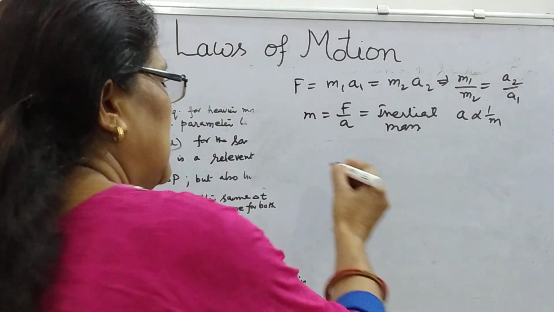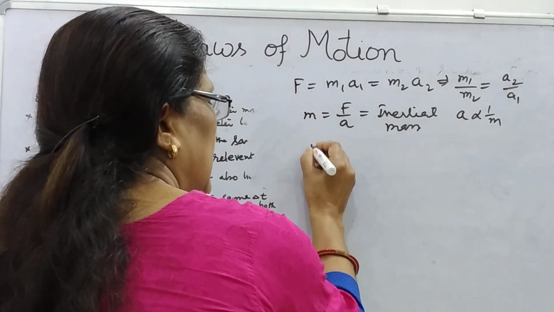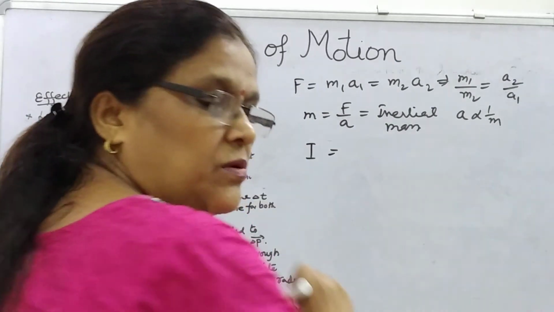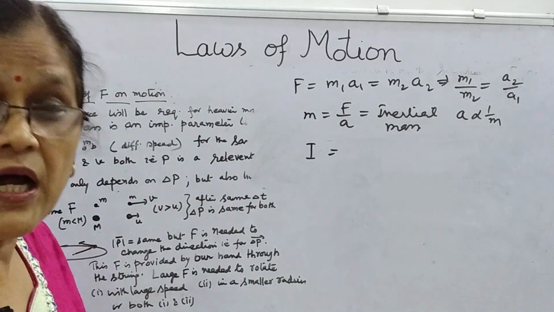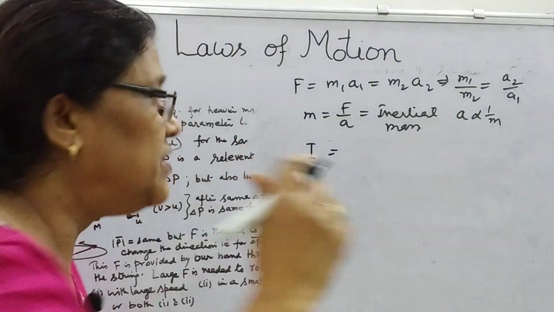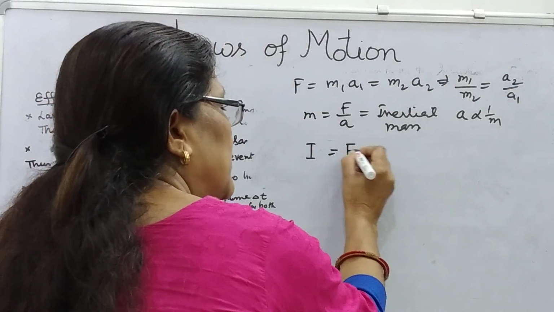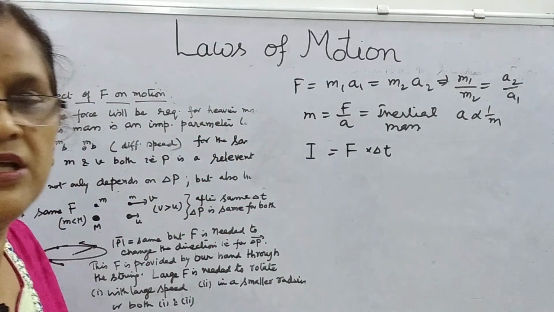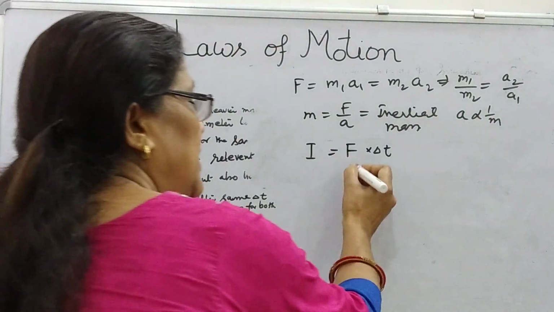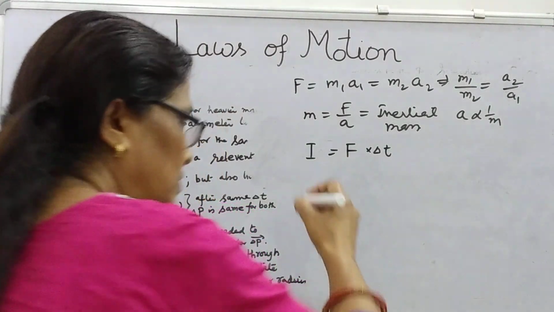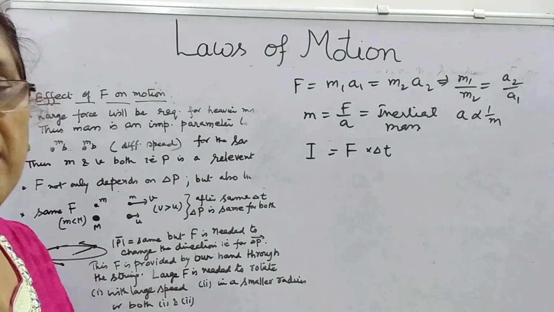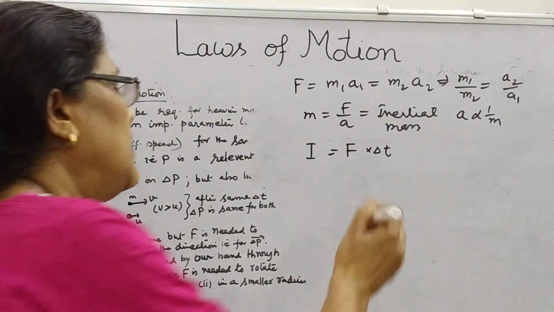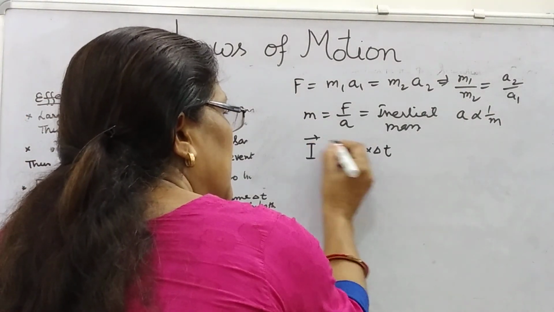How can you write impulse? Impulse is written as I equal to the large force applied for a short interval of time, the product of that force and the short interval of time, delta t. This is also a vector quantity.